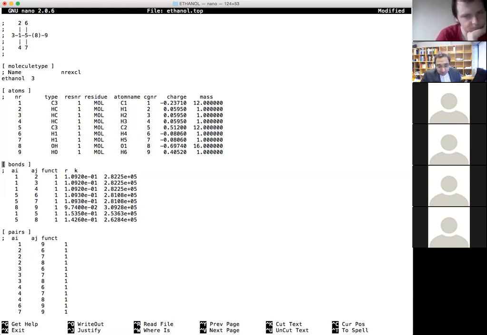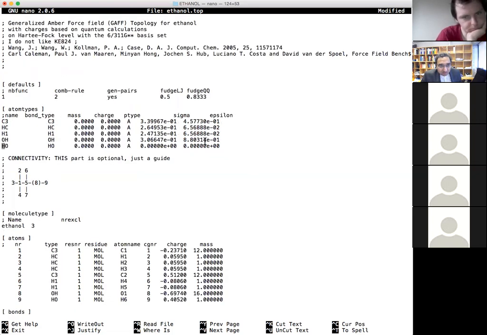No. The values for the other H atom, if you scroll up. Yes. This one you mean? The sigma and epsilon were just put to 0. Yes. That looked a bit weird. Yeah, that looks a bit weird to me too. But remember, this is a hydrogen atom. And sometimes hydrogen atoms are treated a bit differently. I am myself not entirely sure why these two values are 0 here, but I will look them up and I'll get back to you.